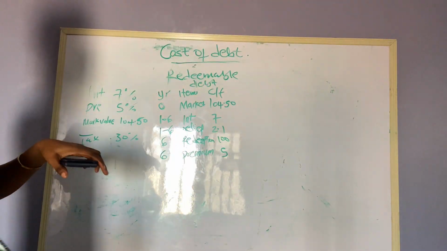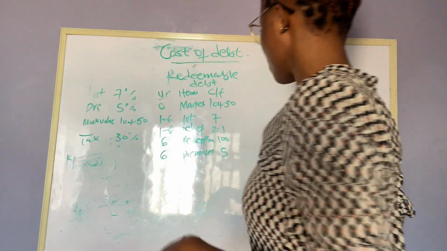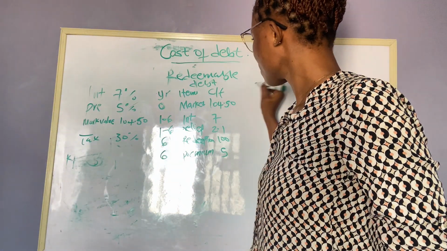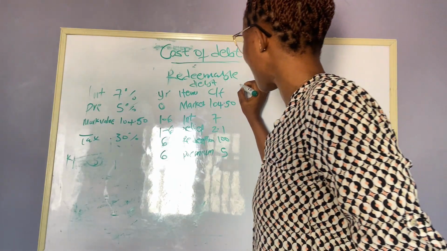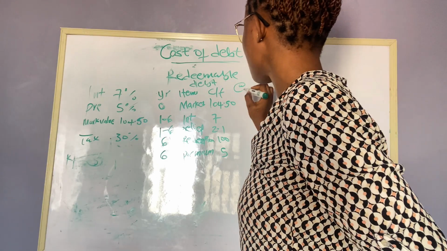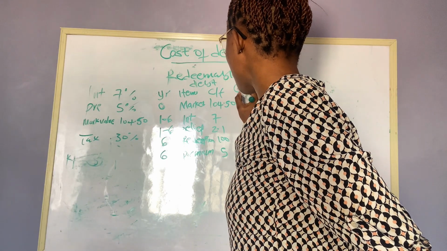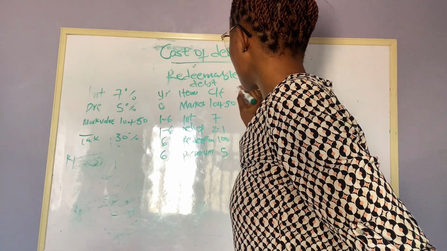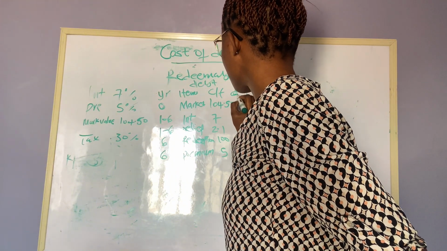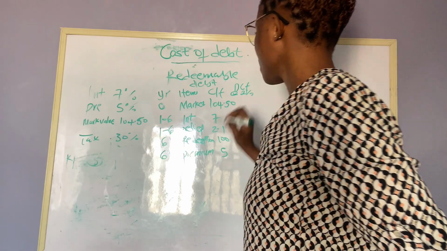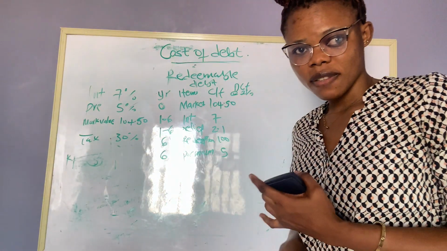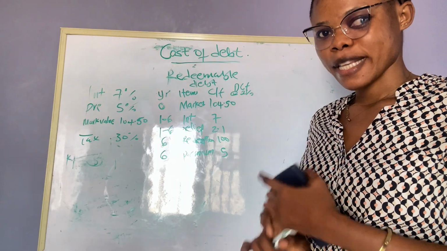Another thing we want to do now is calculate our DCF at, let's say, 2%. We have to look for the rate that gives us positive, and the one that is going to give us negative.